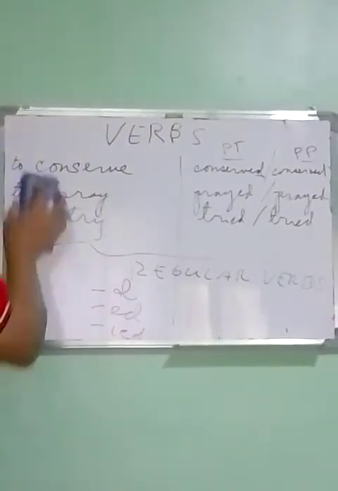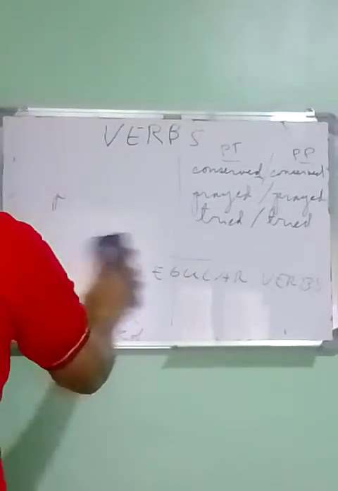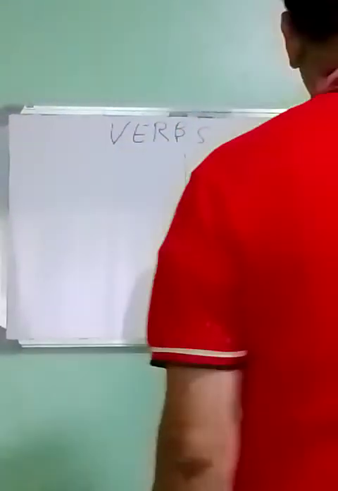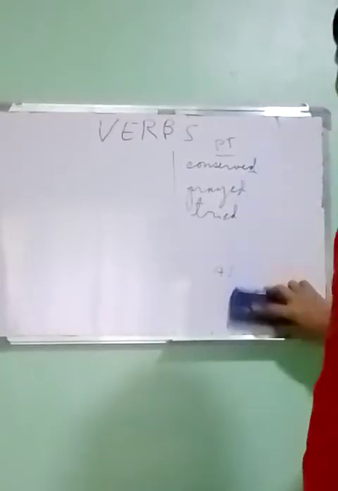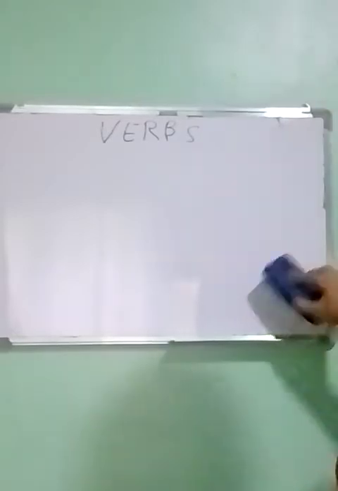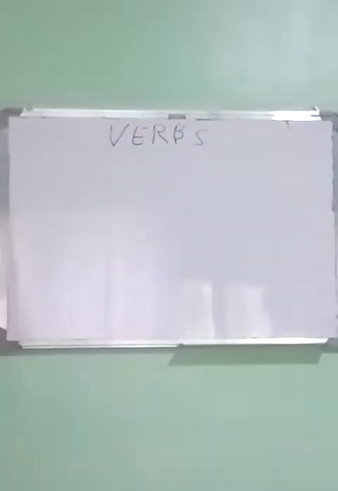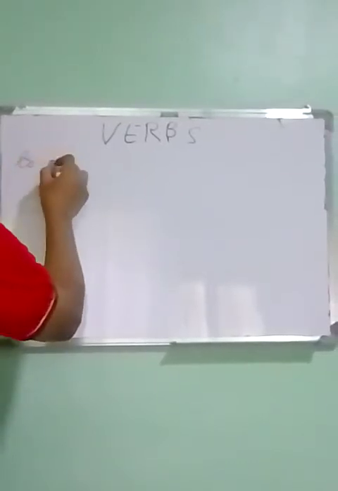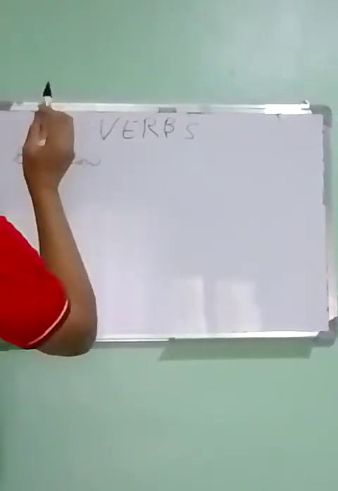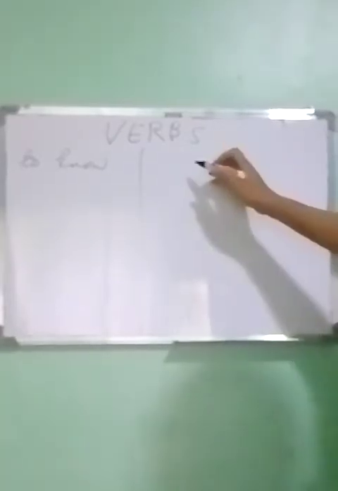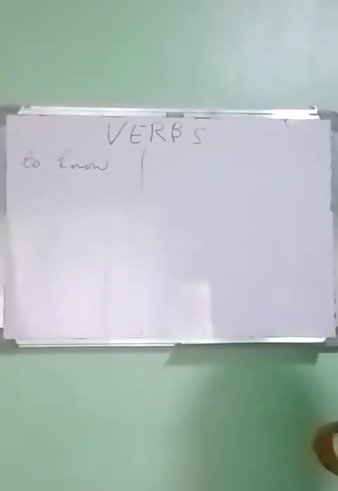Okay? So we go now to what we call irregular verbs. What did I say about irregular verbs? They do not follow a definite pattern in forming the past tense and past participle. Let's take for instance the verb to know. We are now on irregular verbs. They do not follow a typical or regular pattern.